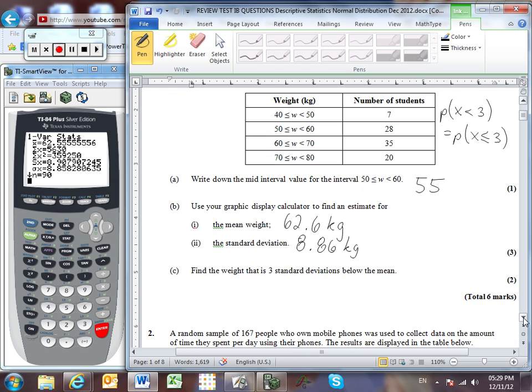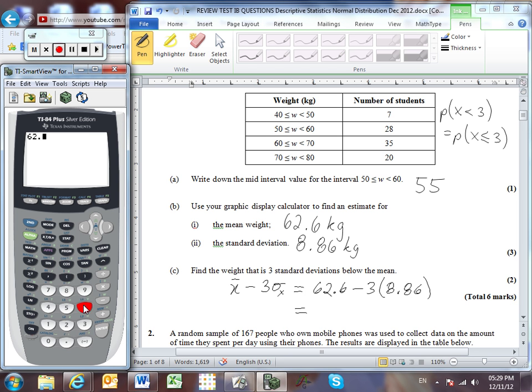Alright, moving on to Part C. Find the weight that is 3 standard deviations below the mean. So we've got our mean, and we need to subtract 3 of the standard deviations. And so that's going to be 62.6, subtract 3 of the 8.86.